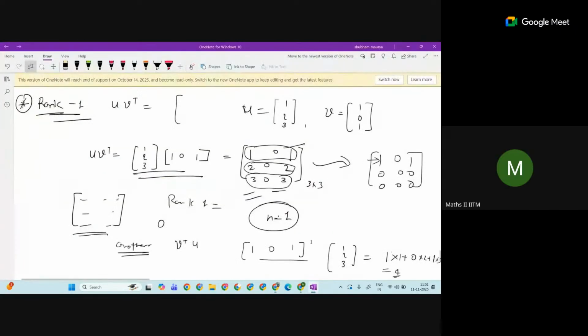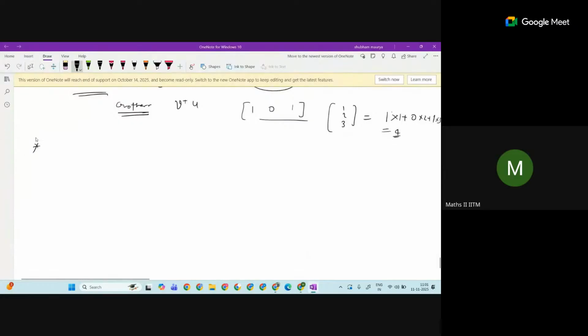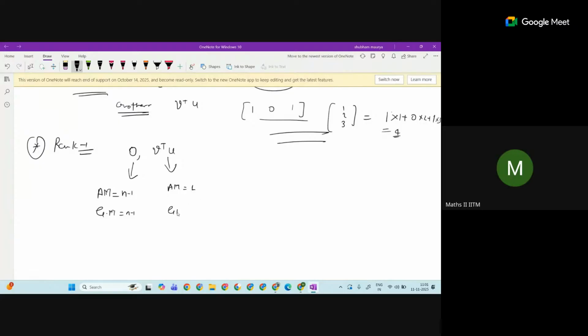So we can conclude that if you have a rank 1 matrix, then it has only two eigenvalues: one is 0 and the second one is V transpose U. The eigenvalue 0 has algebraic and geometric multiplicity n minus 1, and the other has algebraic and geometric multiplicity 1. This is the way you can follow to find it.